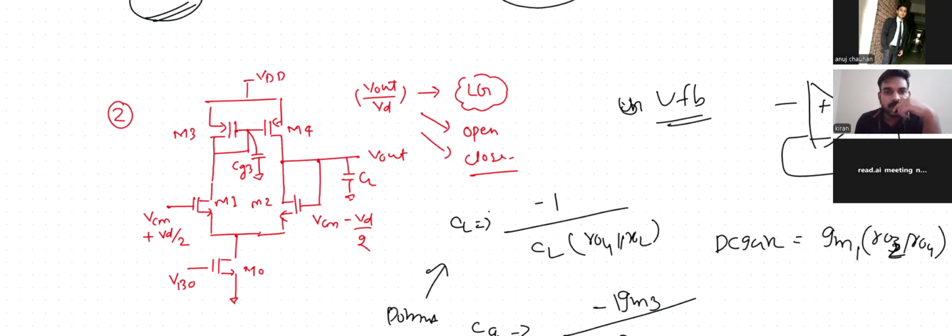Because of this CG3, it may cause a zero. So what will be the location of the zero?